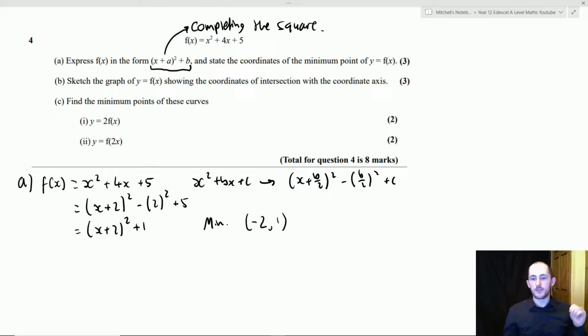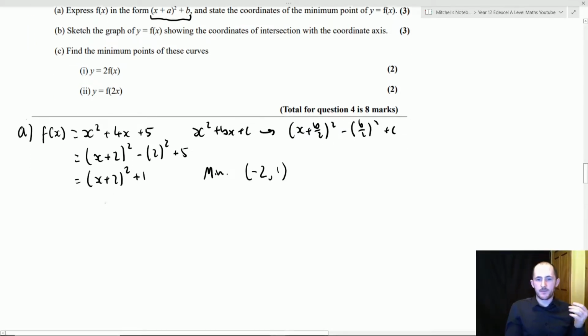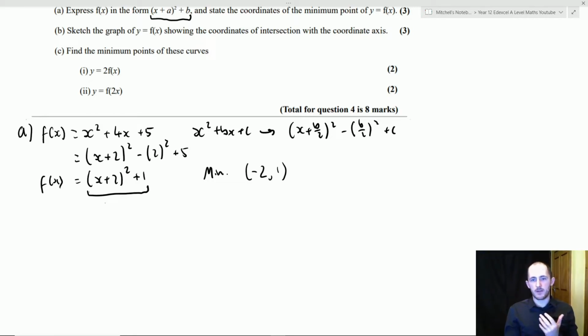That's it. Now the reason why this works is if we look at this as a function, what is the smallest thing I can make this overall expression? Well, that might be a bit hard to work out. What's the smallest thing I can make this bracket? Since it's squared, if it's negative inside, it will then become positive once it's squared, which means the smallest thing I can make that bracket is 0.